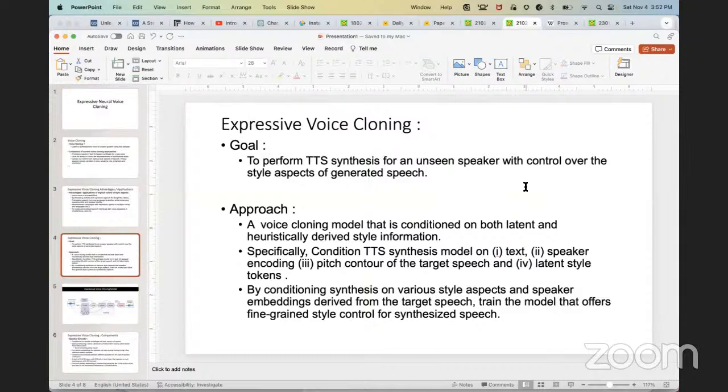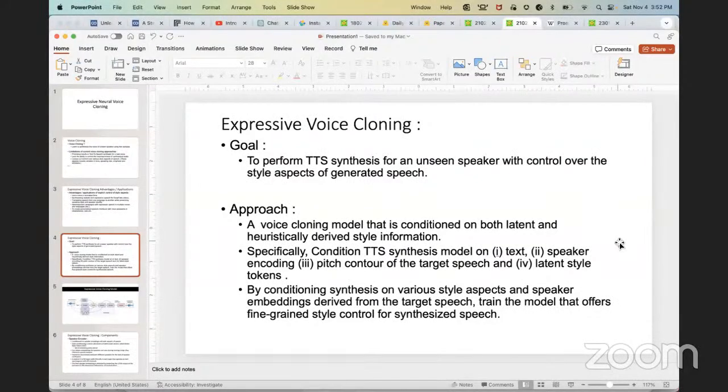The goal it sets is basically to use the same TTS synthesis, where it wants to use an unseen speaker's voice, but it wants to control the style aspects of the generated speech. And then the approach that they have is to condition a model on text, speaker encoding, pitch contours, and these styles of the speech.